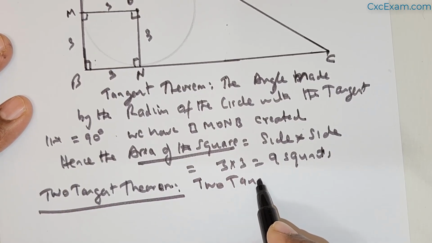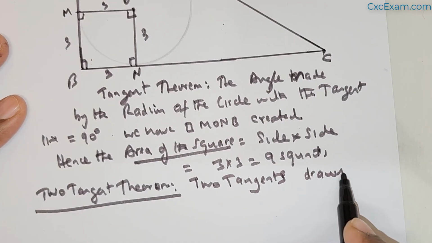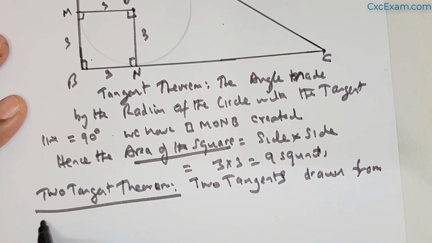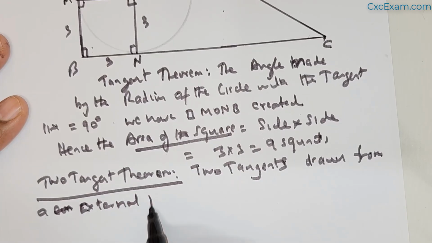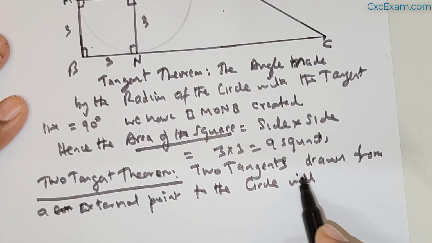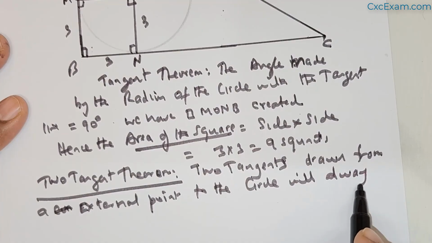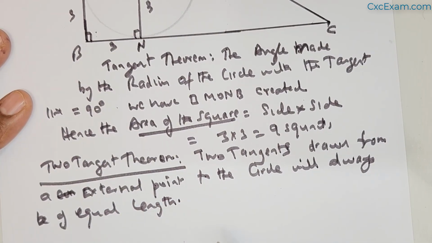Two tangents drawn from an external point to the circle will always be of equal length. Okay, that is the meaning.